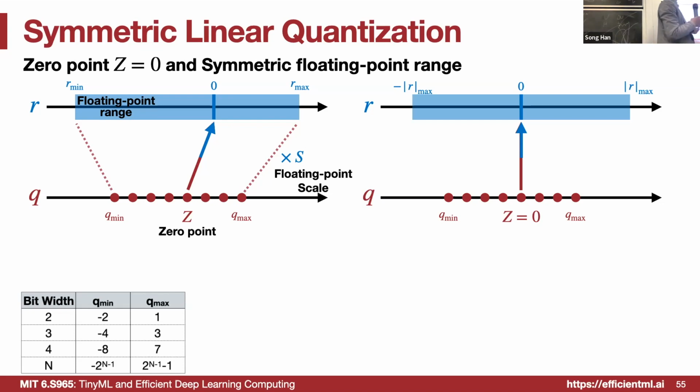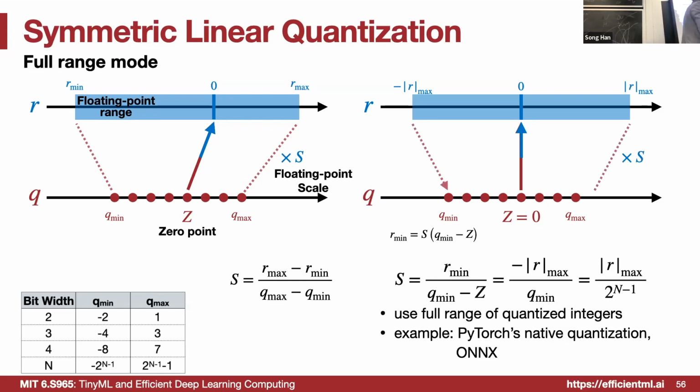So let's see the dynamic range. If we have full dynamic range, there are 2 ways to calculate the scaling factor in this case. Remember, the scaling factor is defined as the ratio between the range of the original floating point dynamic range versus the integer's dynamic range.